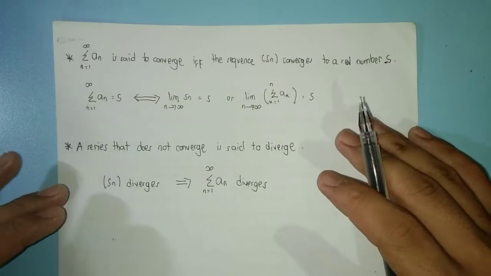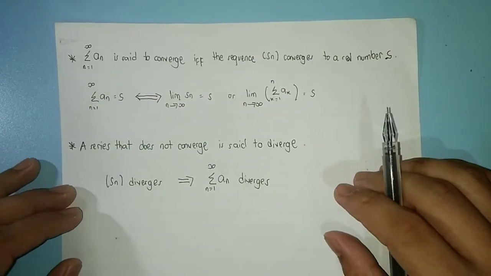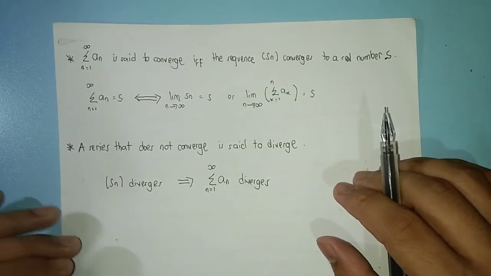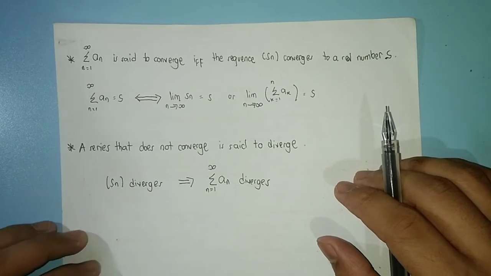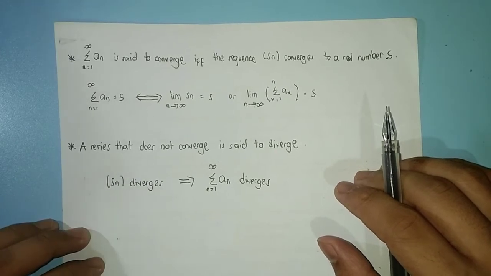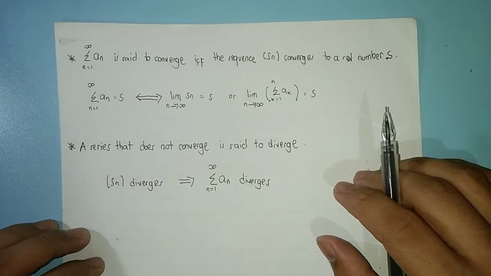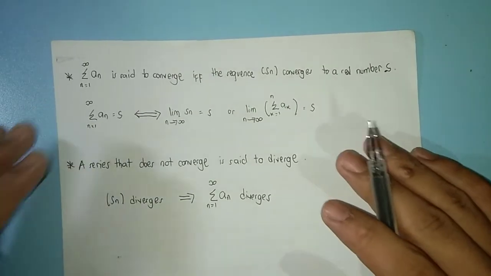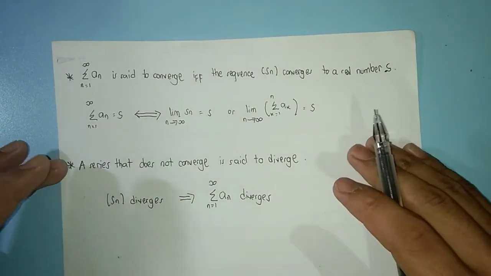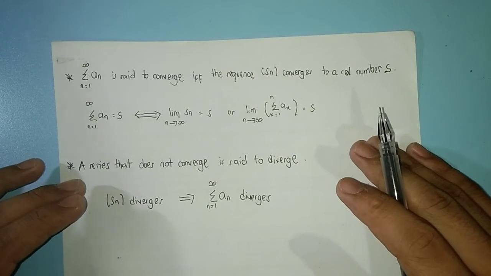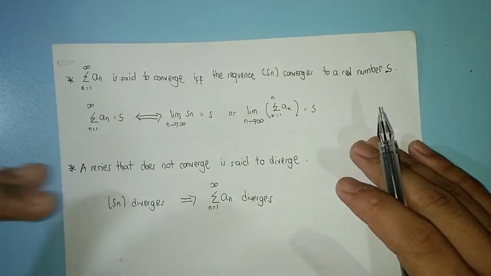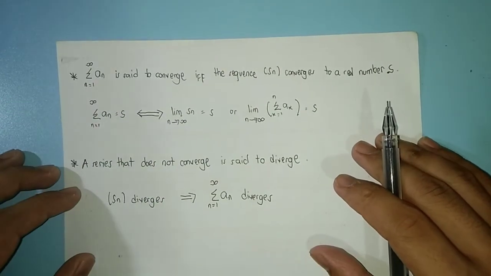In analysis, kapag sequence or series ang pinag-uusapan, ang main topic natin doon is about the convergence or divergence ng sequence or nung series. Okay? So, paano ba natin malalaman kung ang isang series ay nagko-converge o nagda-diverge? So, ito yung dalawang basic rule na pwede nating magamit.